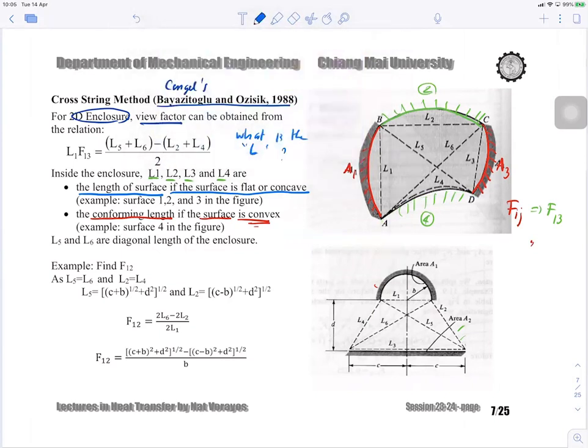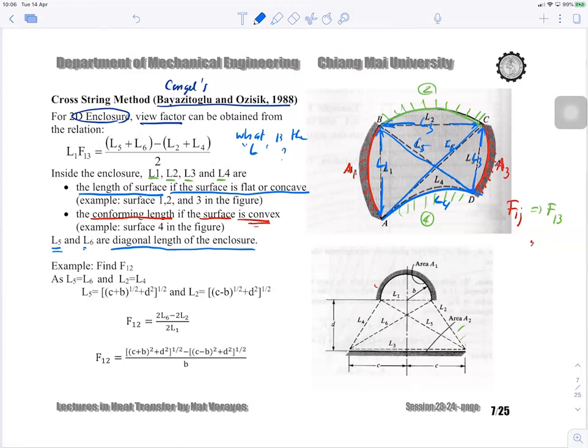L1 is something like that because it is concave. L3 is something like that. L2 is something like that because they are all concave surfaces. However, the convex surface is surface 4, so this is L4. So L1 to L4 are the lengths of the surfaces. However, L5 and L6 are the diagonal lengths of the enclosure. So this is the diagonal length, L5 and L6.